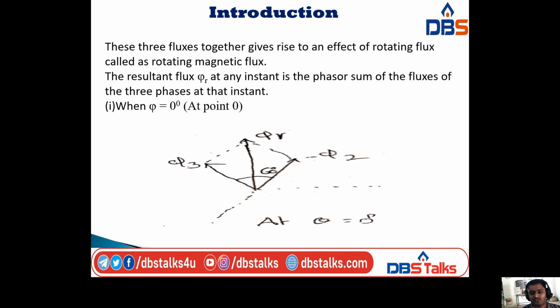So here I am considering four cases. In the first case, I am taking theta equal to 0. So the phasor diagram is like this. At theta equal to 0, we are taking the three fluxes, but here phi 1 is 0, and phi 3 and phi 2 combine to give the resultant flux.